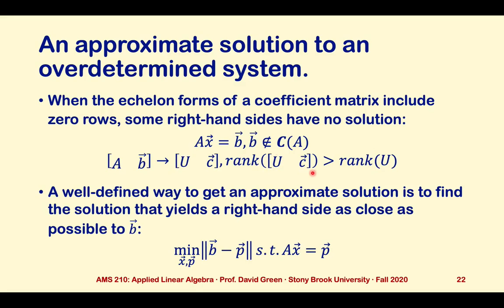And so far, in every case where we've had no solution, we've simply said there's no solution. We don't really know what to do here. That's not a very satisfying result. In many real-world applications, you might end up with a problem that doesn't have a solution. You don't just want to throw up your hands and say there's nothing to do. Can we find an approximate solution?